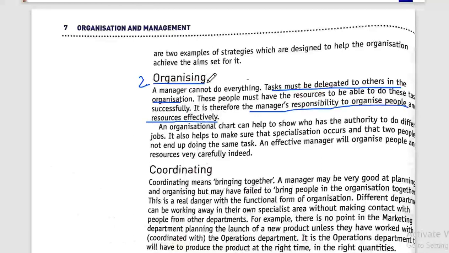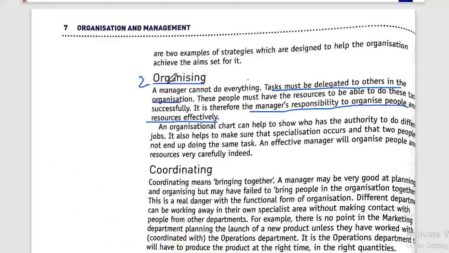In the organizing part, I'm organizing all the tasks and responsibilities and assigning them to the right people in the business, delegating some of these tasks to other people in the organization. I'm organizing that this person is going to take tasks A and B, or this manager is going to take tasks B and C. An organizational chart can help to show who has the authority to do different jobs. It also helps to make sure that specialization occurs and that two people do not end up doing the same task.